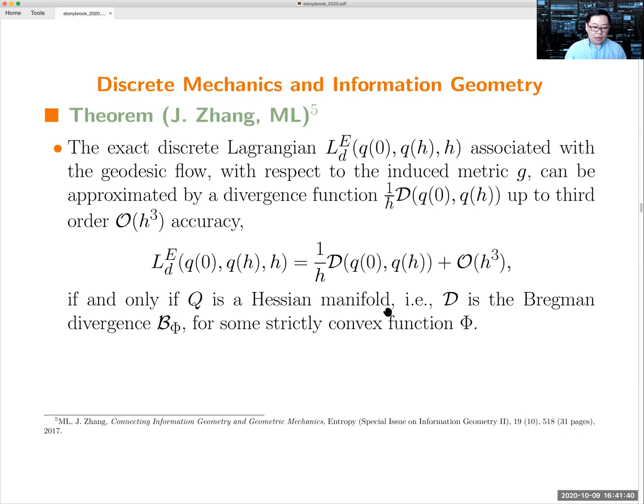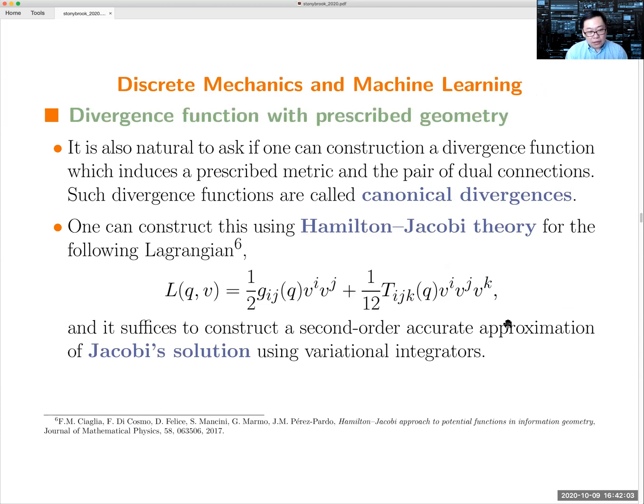If this divergence function is related, for example, to the Bregman divergence, then the consistency is up to second order. It's not just first order accurate. So this is a result which we showed.